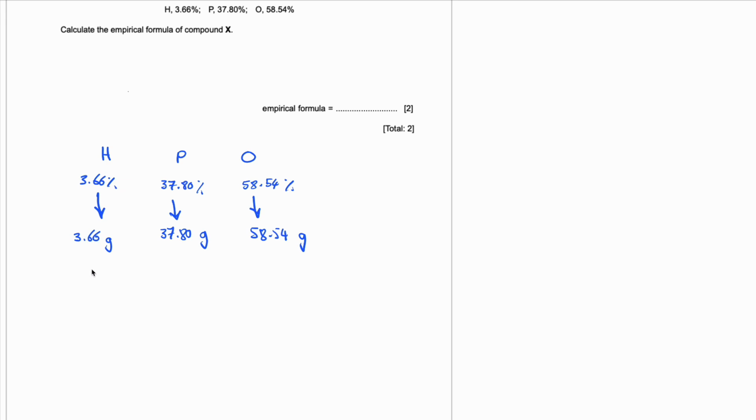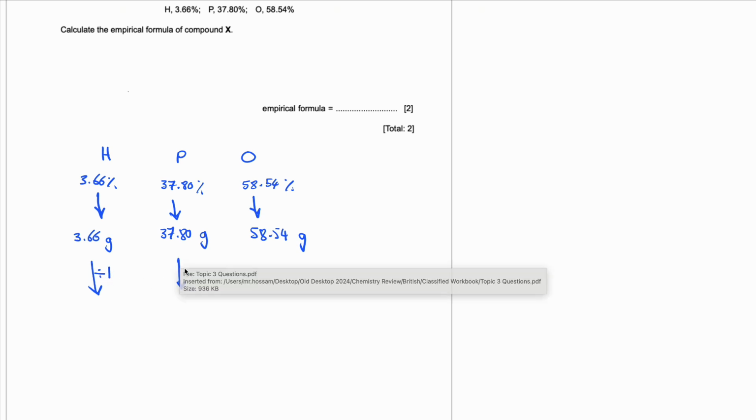The second step is divide each by its relative atomic mass. So for hydrogen, you divide by the relative atomic mass of hydrogen, which is 1, and for phosphorus, divide by the relative atomic mass of phosphorus, from the periodic table, is found to be 31, and divide the grams of oxygen by 16, because that's the relative atomic mass of oxygen.